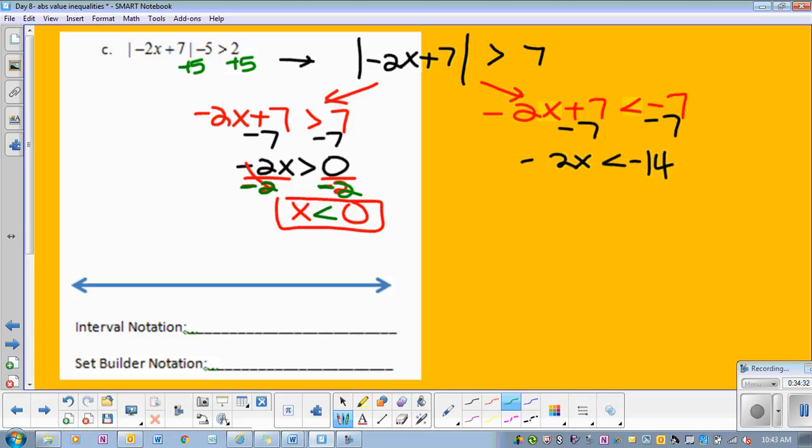So then over here, when I have negative 2x is less than negative 14, when I divide by negative 2, I get x is what? Less than? Greater than? This less than turns into a greater than 7. Right? You got to flip the sign because you're dividing it by a negative.